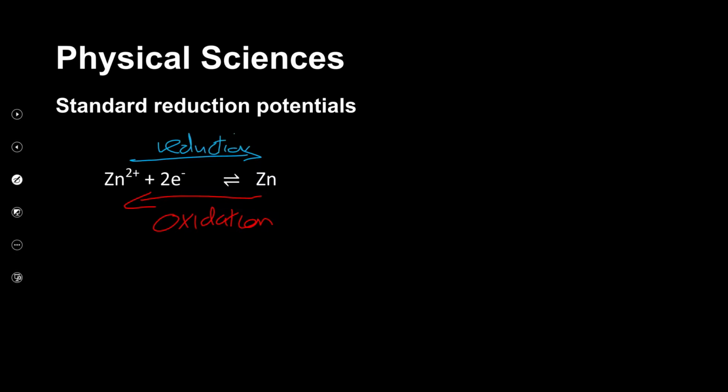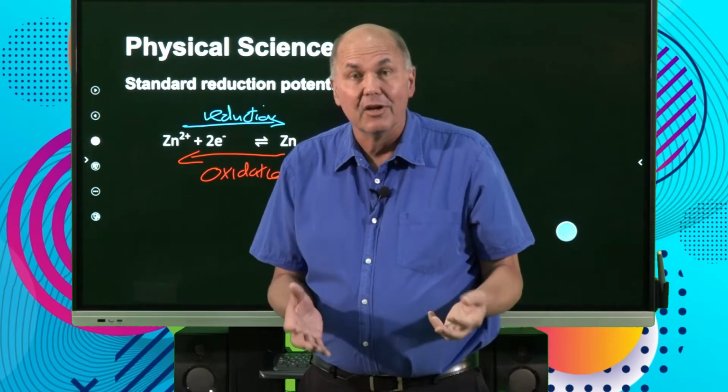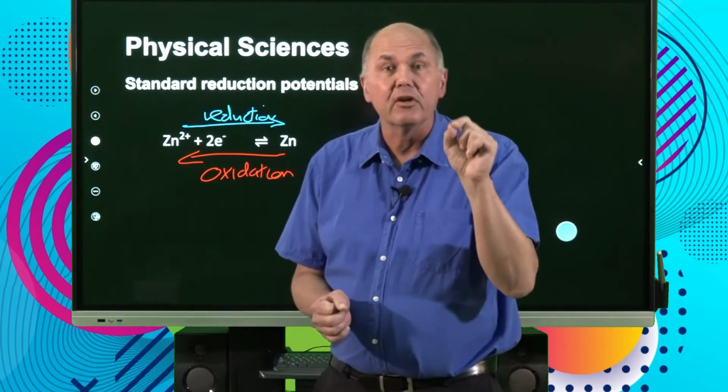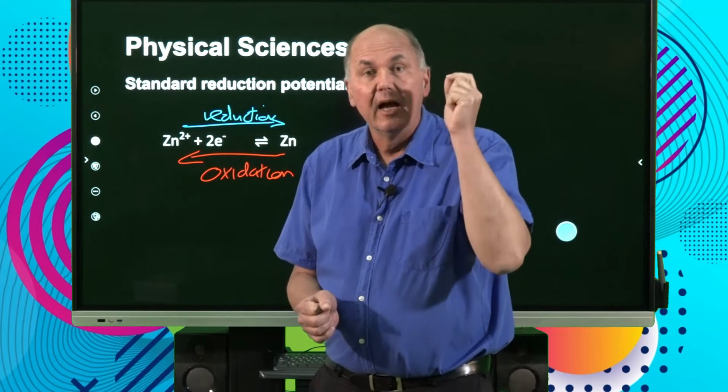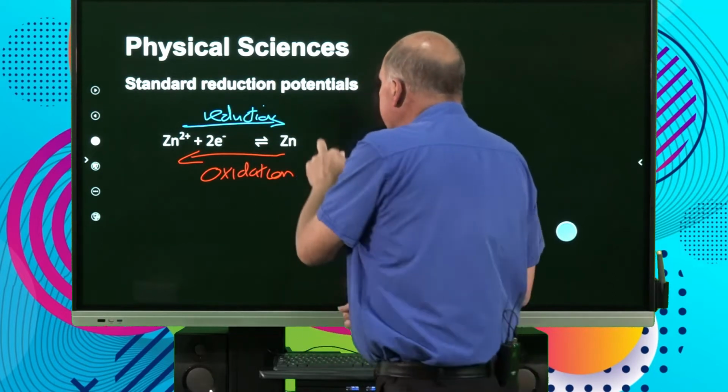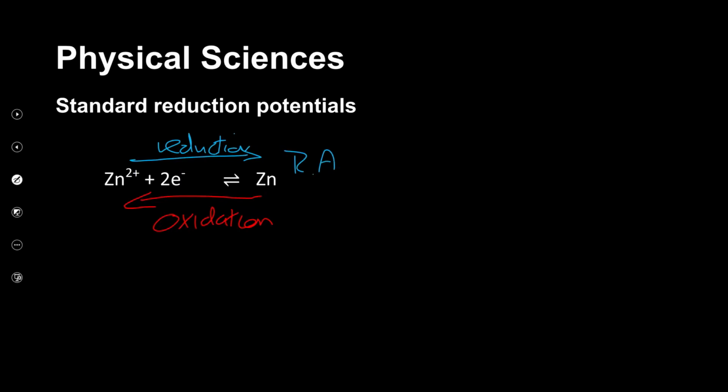So zinc can undergo both oxidation and reduction, but if you start with zinc as a metal, it prefers undergoing oxidation. So zinc is a reducing agent. Now, in comparison to others, it's a fairly good reducing agent.